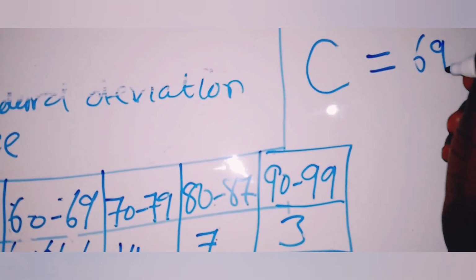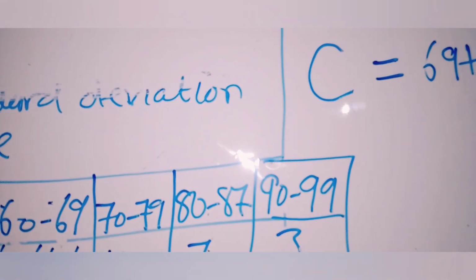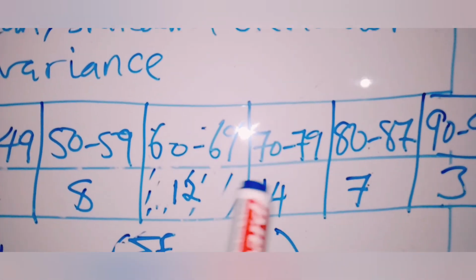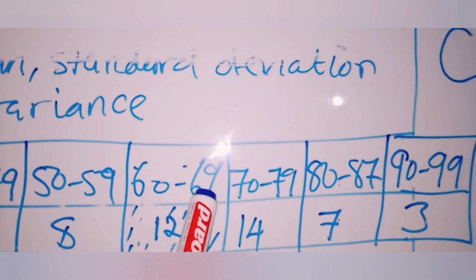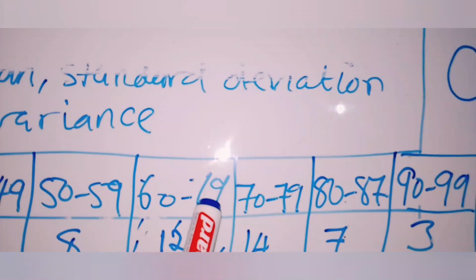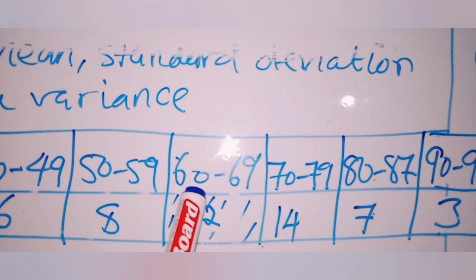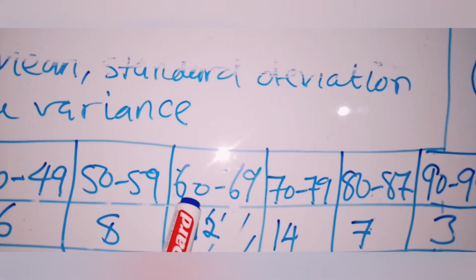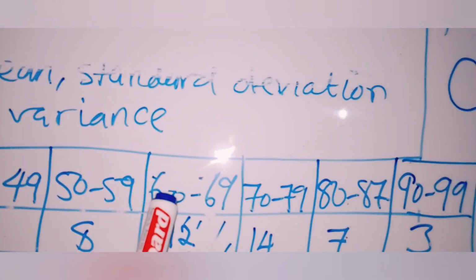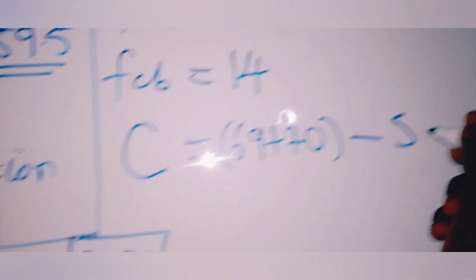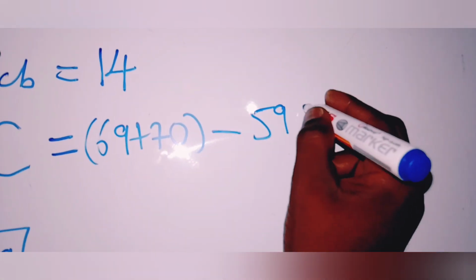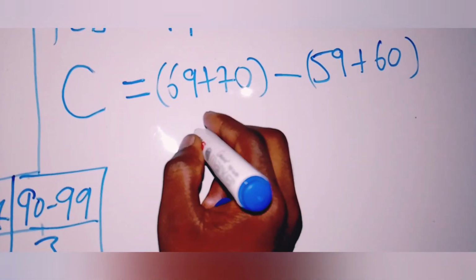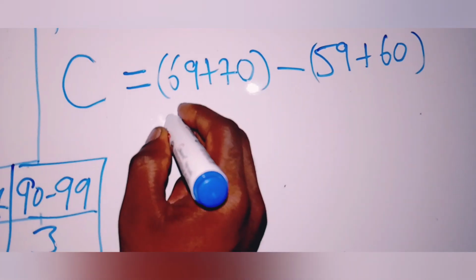So 69 plus 70, or 70 plus 69, minus this. Since 12, this is 69 and 70. And then here, lower class, it is 60 plus 59, or 59 plus 60. Okay, so 59 plus 60. So this will give us what?